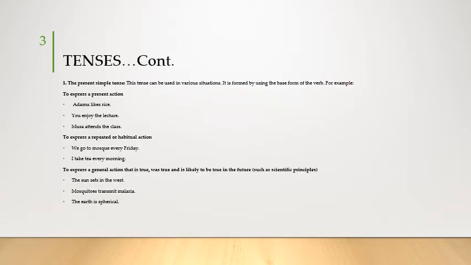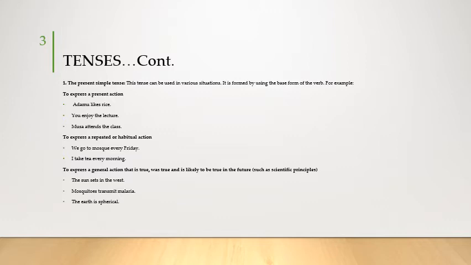The present simple tense. This tense can be used in various situations. It is formed by using the base form of the verb. For example, to express a present action. In other words, present simple tense is used to express a present action.